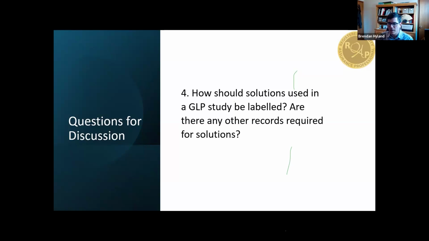Great. Identity, concentration, storage requirements, and expiry date. Right. Deteriorated or outdated reagents and solutions should not be used. Very good. I think everybody's got these pretty much. Now, are there any other records required for solutions?